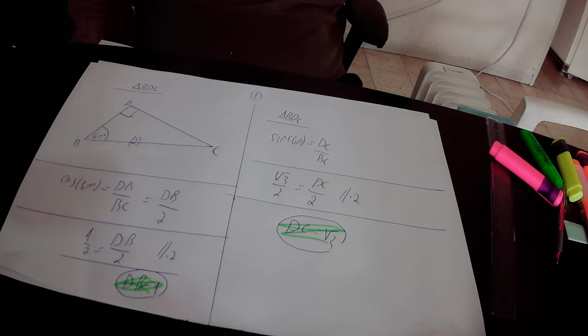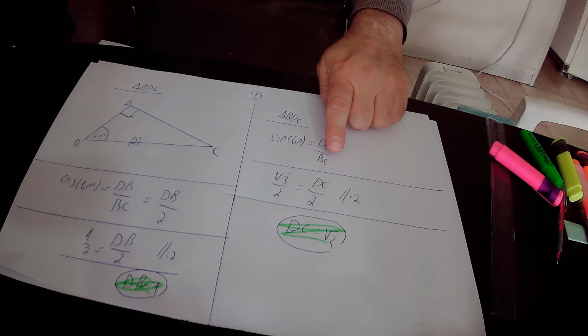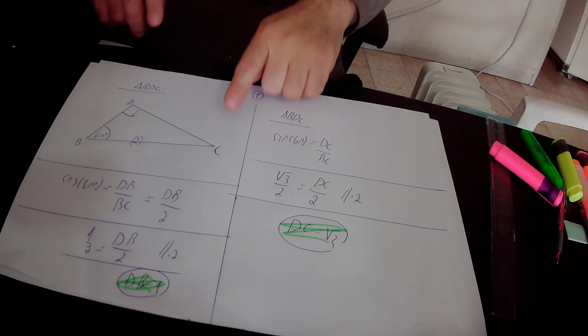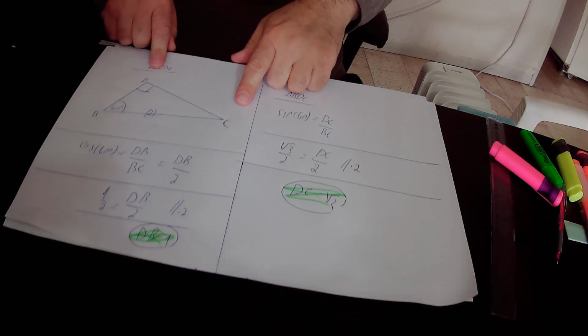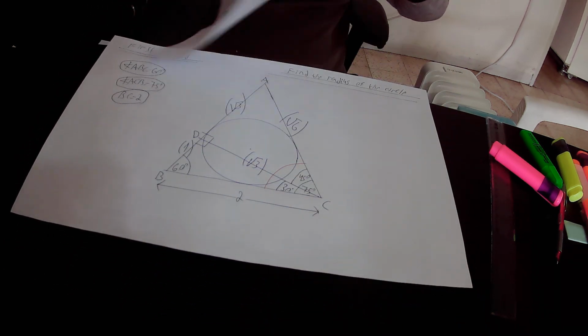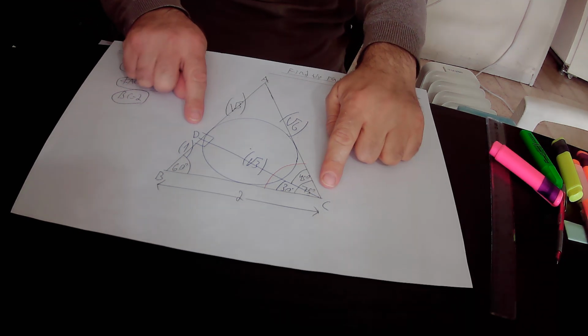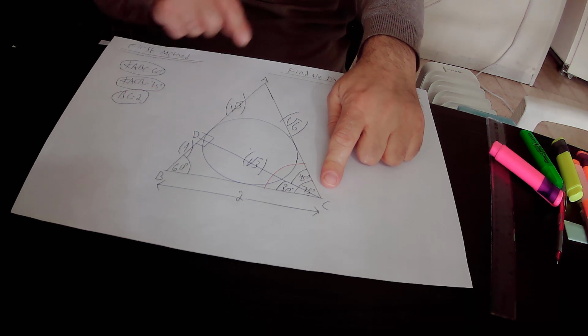So in total, square root of 3 over 2 equals DC over 2. Here we multiply this equation by 2 and find that DC equals the square root of 3. You can write down here that DC equals the square root of 3 in length.